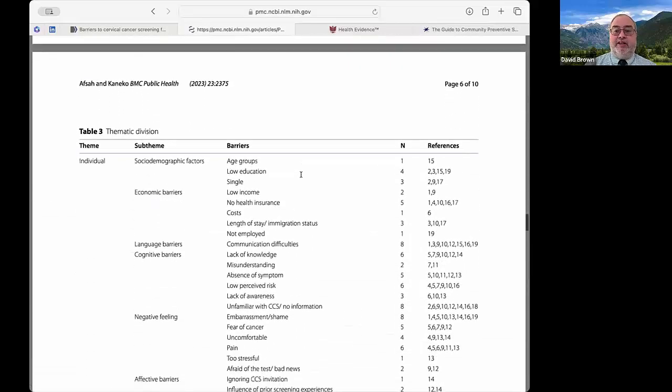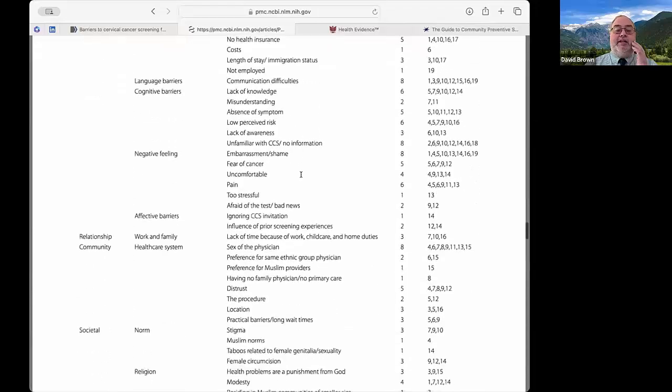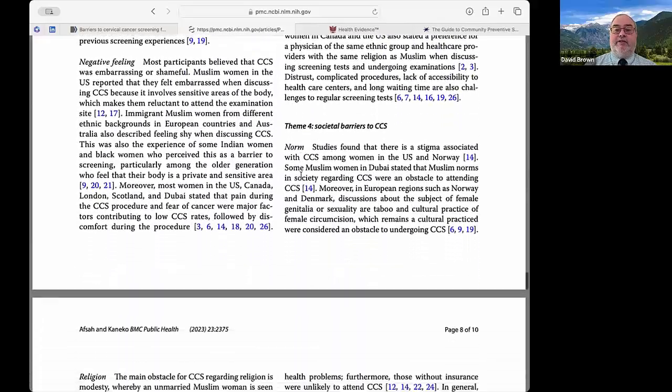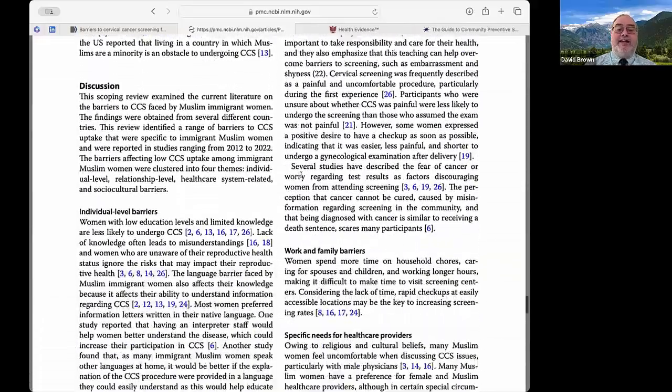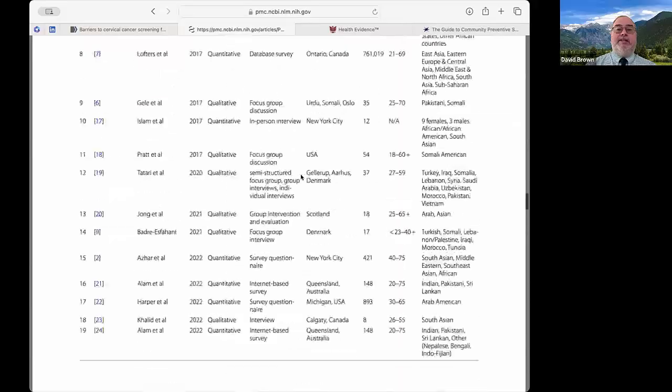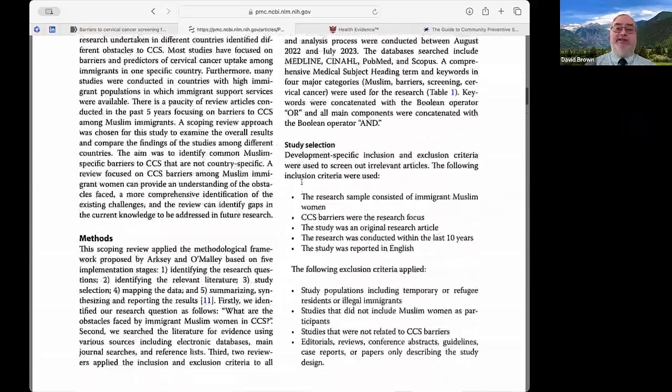So depending on what you want to look at for age groups, they really do break it down. It showcases a lot, and it really does give you some themes to look at. It gives you an idea of how to structure it and maybe answer your question or give you evidence to say, hey, this is what's being done in other places and it seems to work or it doesn't seem to work.